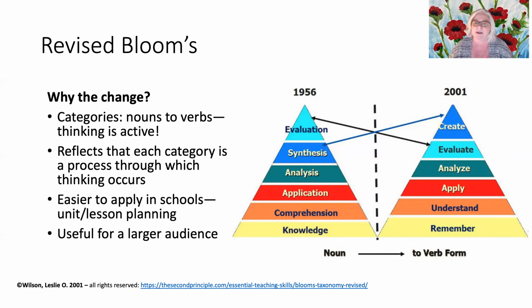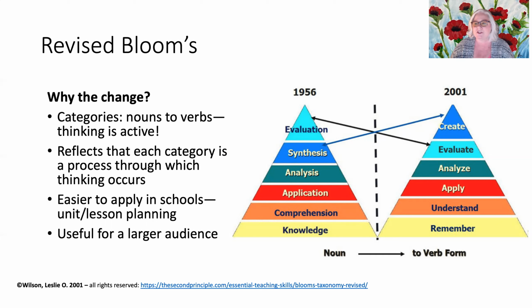So what I want to talk here is on the left of this figure, you see Bloom's original 1956 categorizations: knowledge, comprehension, application, analysis, synthesis, and evaluation. When Anderson and her colleagues, and Anderson was one of Bloom's students, remember, when they went to think about this, they made some changes.